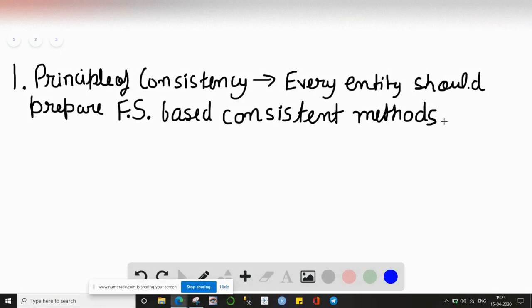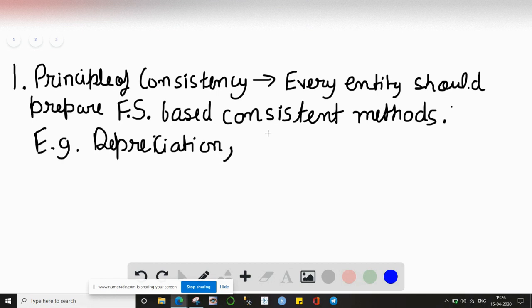Consistent methods such as, let's say, we have examples of depreciation method, investment valuation, and many others.